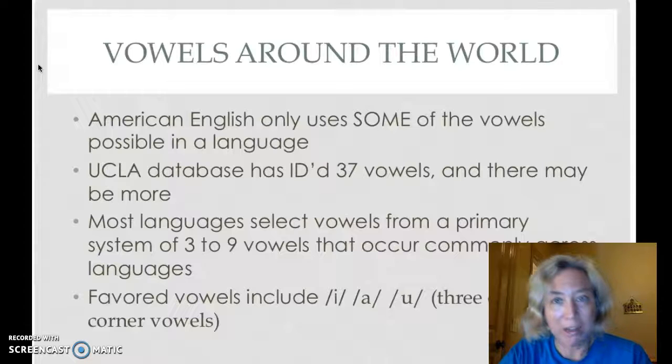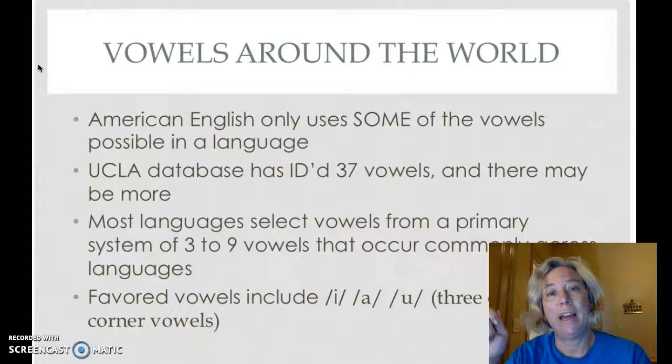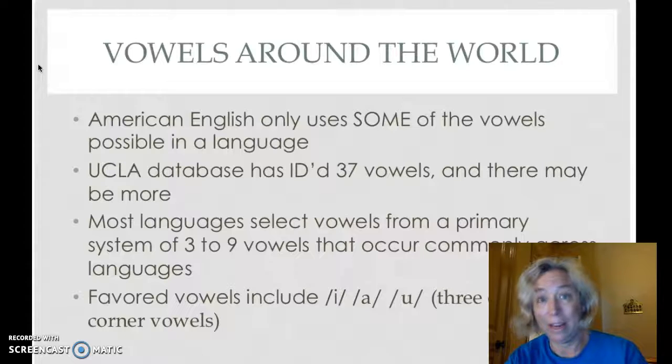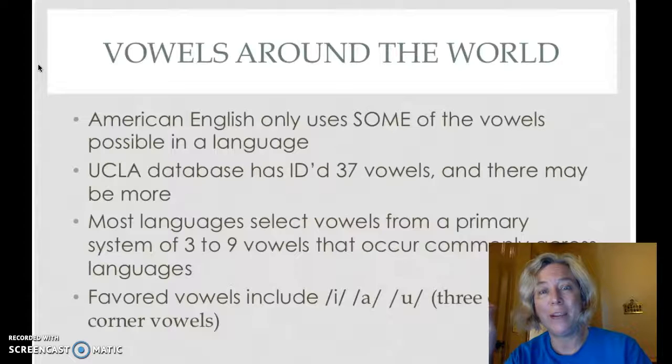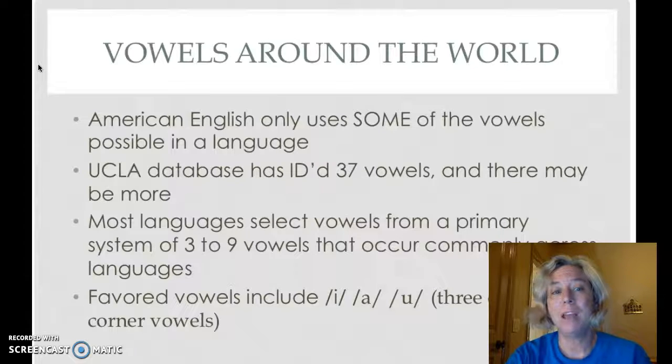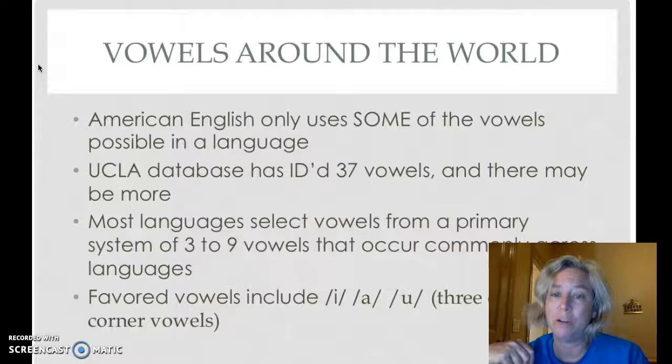The University of California at Los Angeles database has identified 37 vowels that are occurring in languages around the world, and there may be more vowels as more languages are discovered, and as we learn finer grained ways of analyzing vowels that we know about. Most languages select vowels from a system of 3 to 9 vowels in total.